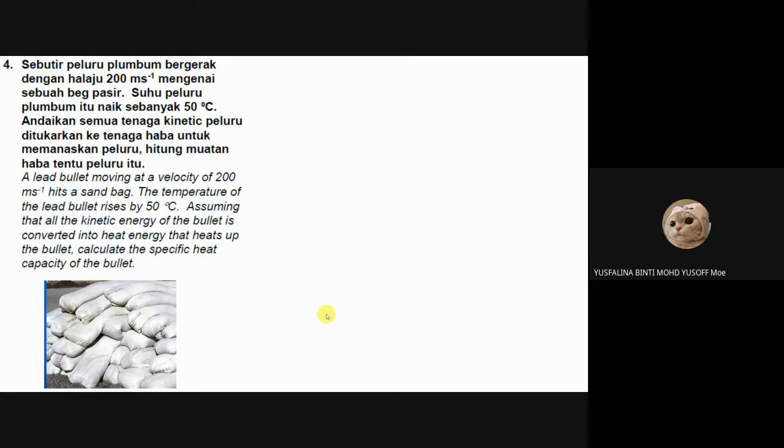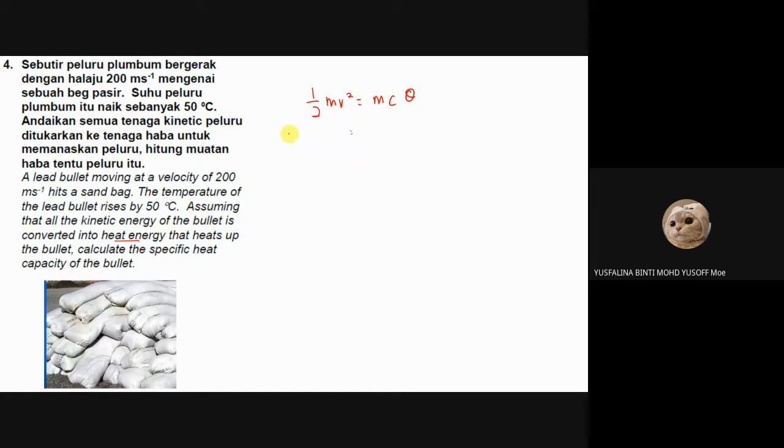Yes, very good. So for this one, we assume the kinetic energy. What is the formula for kinetic energy? Half mv squared. So it changed to heat energy. What is the formula for heat energy? mc theta. Yes, very good.